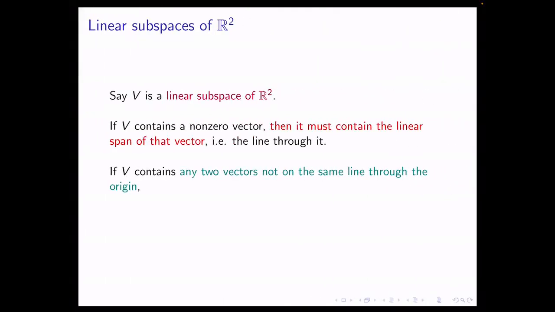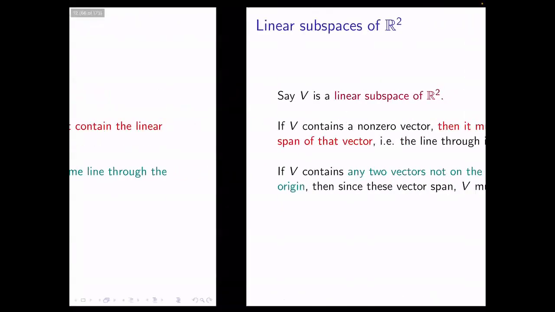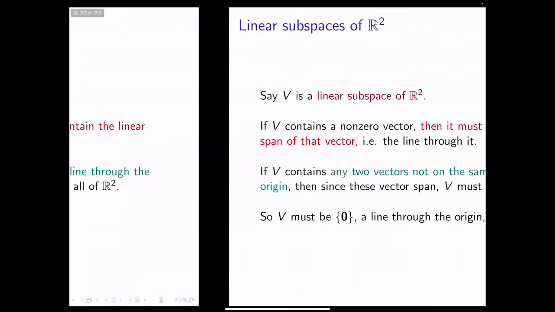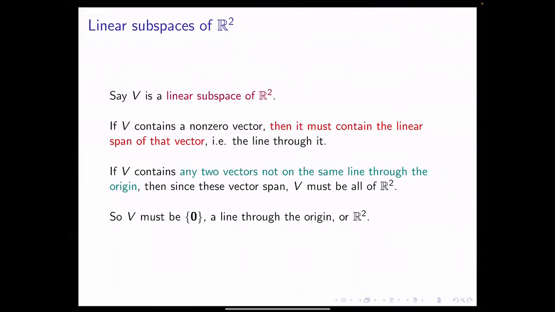If V contains any two vectors not on the same line through the origin, then since these vectors span R2, V must contain all of R2. So V must be 0, a line through the origin, or R2. This is the classification of linear subspaces in R2.